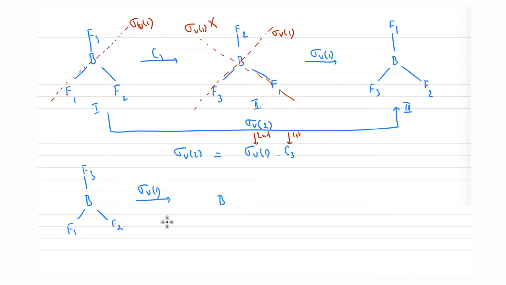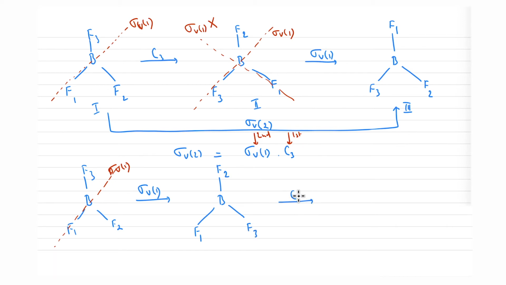So what do I get? So again, my sigma V1 position is, this is my sigma V1. So that means F1 does not move, F2 and F3 will get reflected.